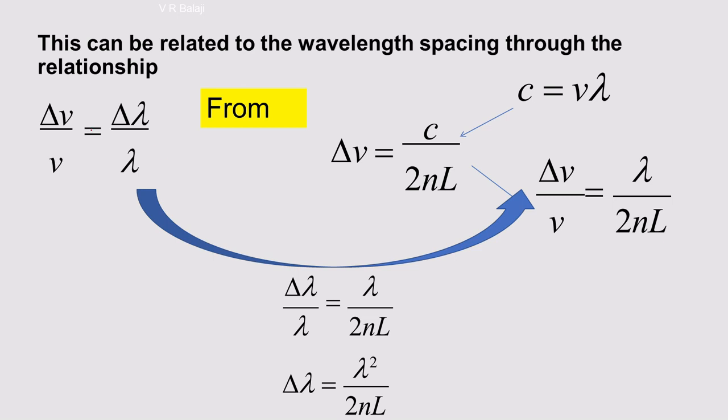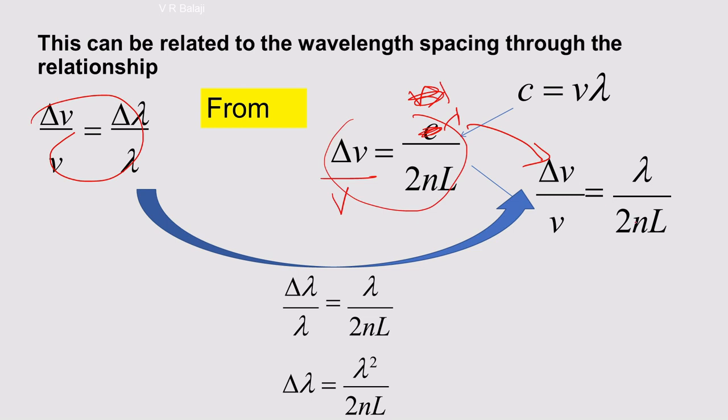That is, the relative change in wavelength is proportional to the relative change in frequency. Using del v equals c by 2nL, and c equals v lambda, I substitute v lambda for c. Bringing v down, del v by v equals lambda by 2nL. This is what we derived, right?